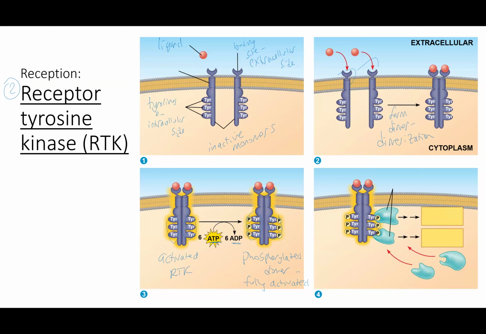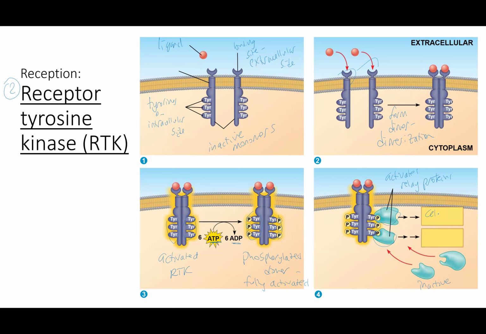Once it's fully activated, then these proteins are going to come in. These are relay proteins. Down here, these are inactive, and then when they bind to these phosphorylated tyrosines, they become activated.